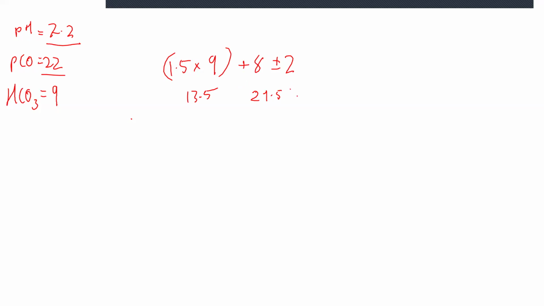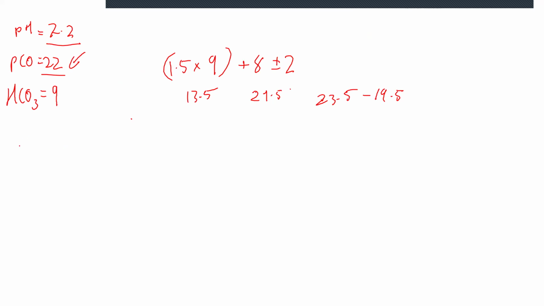So 21.5 plus or minus 2 gives us a range of 19.5 to 23.5. This is the range that we expect our PCO2 to fall in. And since in this case it does fall within the range, we can say that this is a metabolic acidosis and the compensation is appropriate.